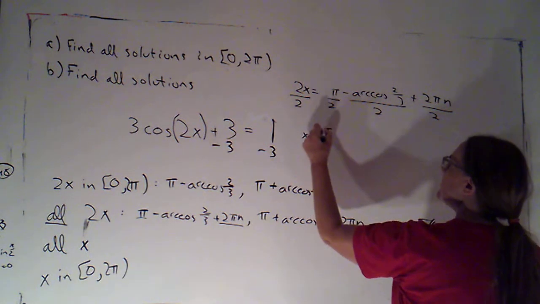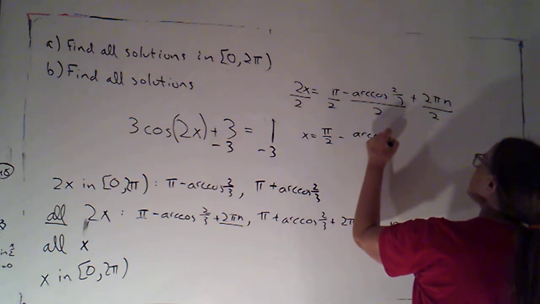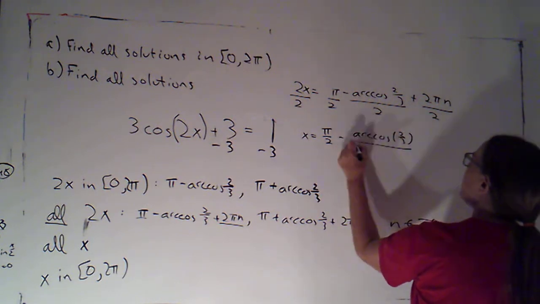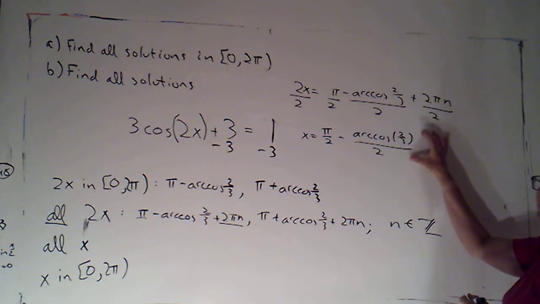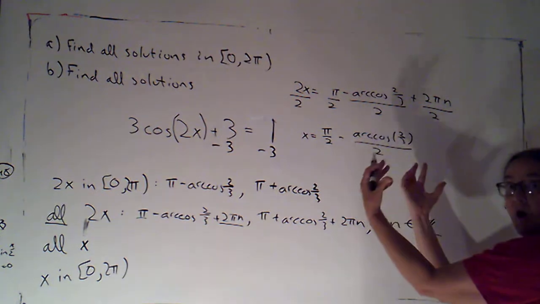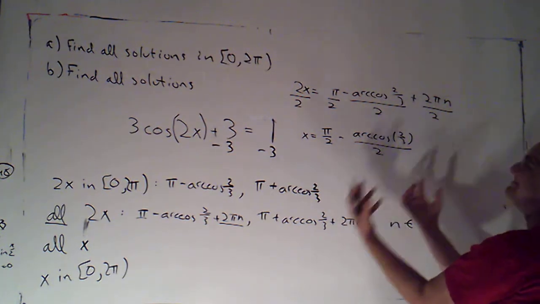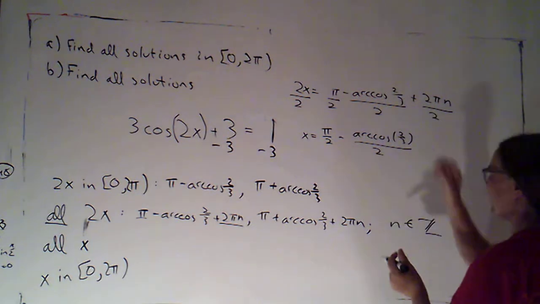So x would be pi over 2 minus arc cosine of 2/3 over 2. That does not count as a complex fraction because arc cosine of 2/3 is one number that's on the top. Okay, it's the angle in the interval from 0 to pi whose cosine is 2/3.